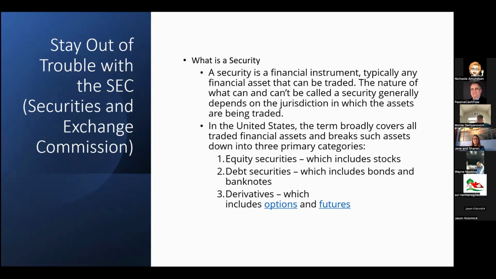So when we are raising private money, we have to decide whether we are going to be offering equity in a property or debt. Generally it can't be both because they're different rules.